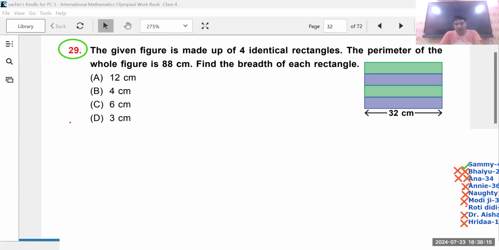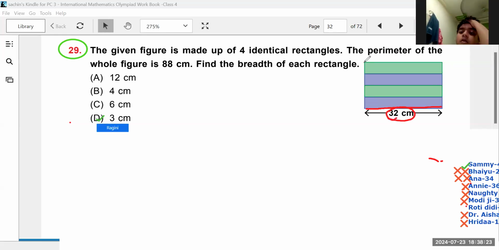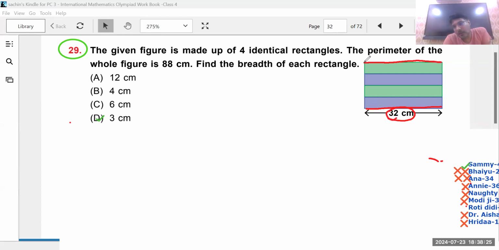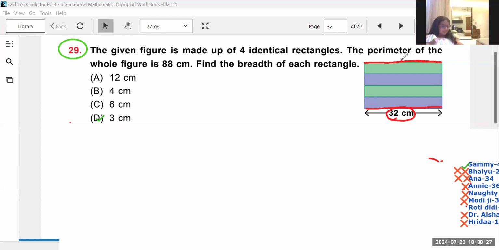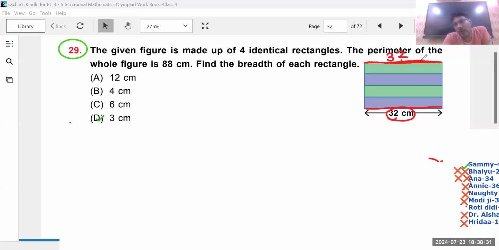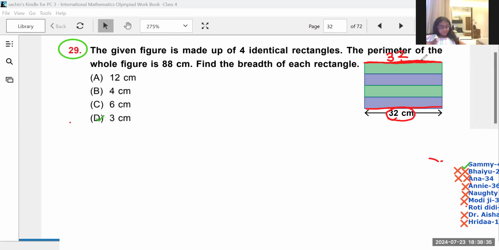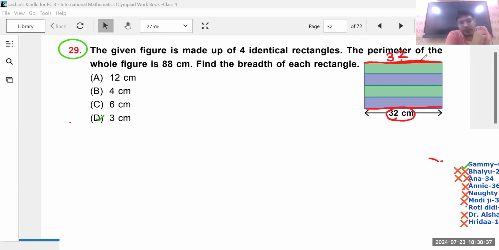I'll explain now, beta. So one side gets 32. So kids, this is 32. So how much will this be? 32. 32 beta, opposite sides will be equal, right? Yes, sir. So how much perimeter am I left with?